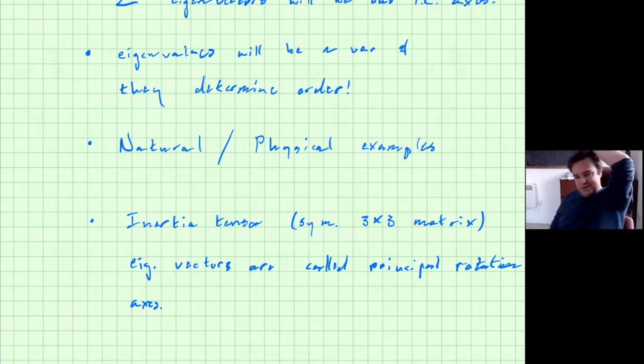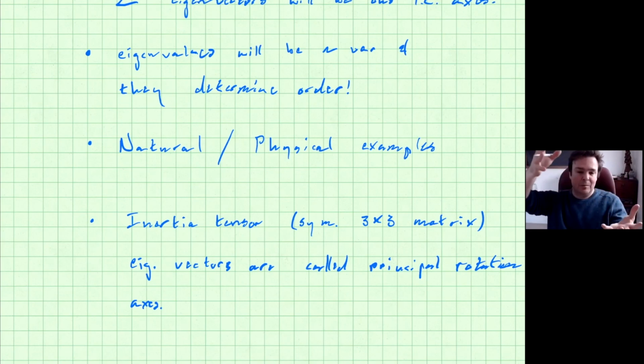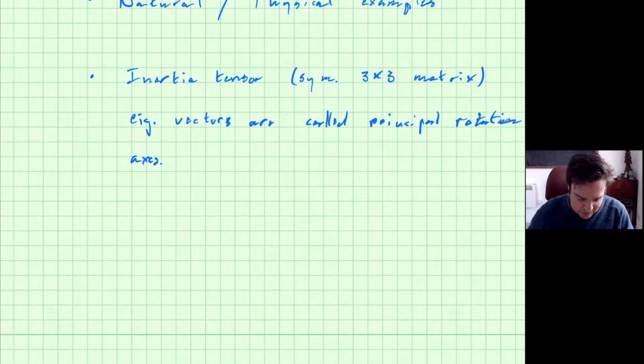The inertia tensor describes how difficult it is to rotate a physical object, and the principal axes of rotation rank those difficulties in terms of most difficult, second most, and third most. You'll get three of them in three-dimensional space for a three-dimensional object, so some blob of clay or something like that. So that's an example from physics.